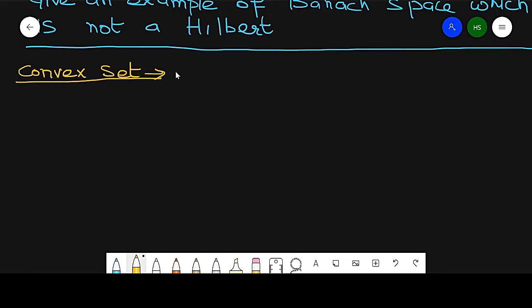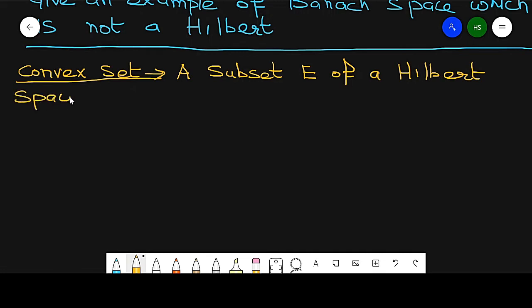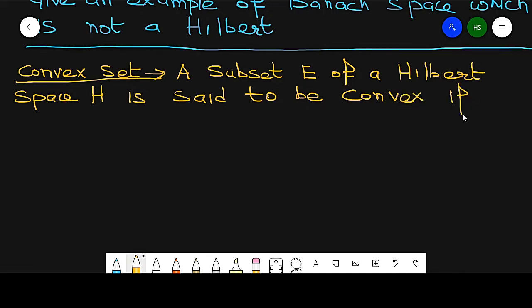A subset E of a Hilbert space H is said to be convex, if it satisfies the given property.